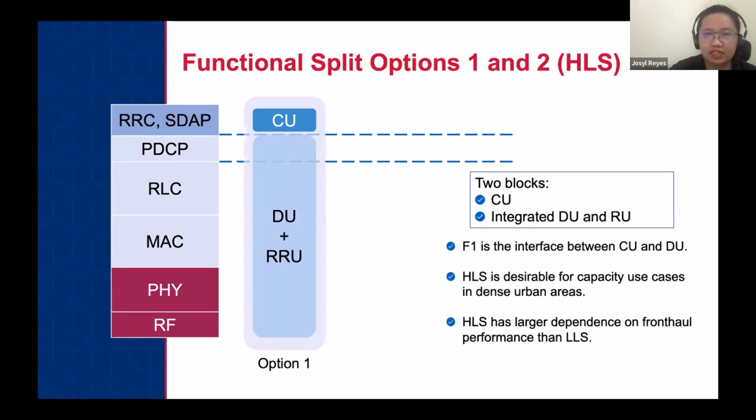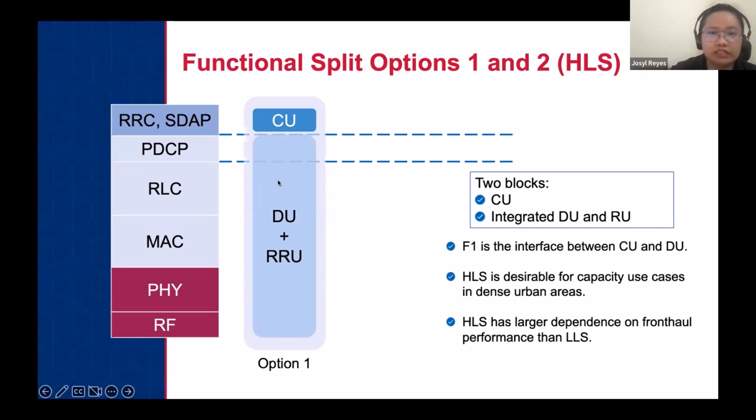So ano siya? A lot of the processing is required within that area. Kasi it's very dense, high population, high number of customers. But this is, of course, largely dependent on the front haul performance. Kasi there should be a good front haul performance here since it's not co-located with the CU.